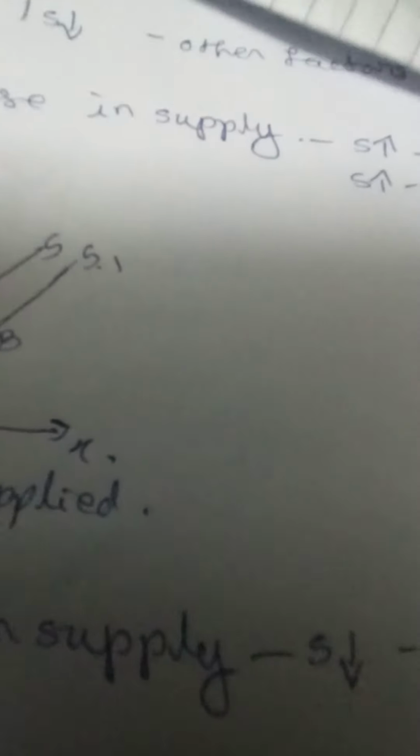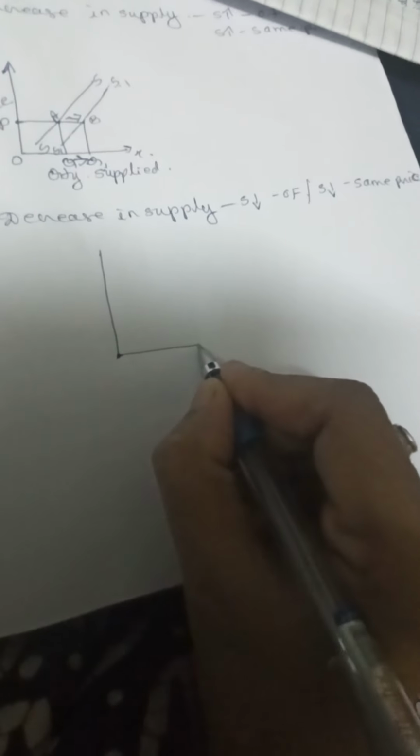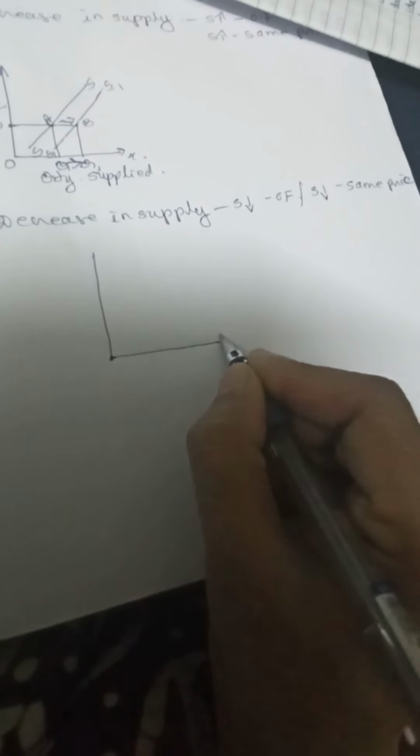Then you have to show it with the help of a diagram. First you have to mark the axis. Then label it: price, quantity supplied. First you have to draw one supply curve.